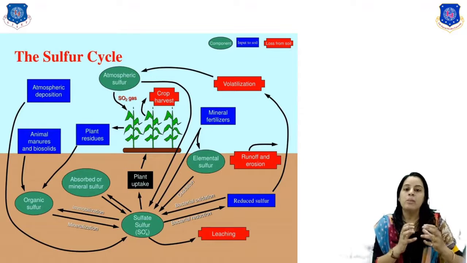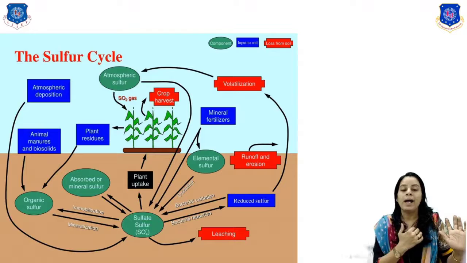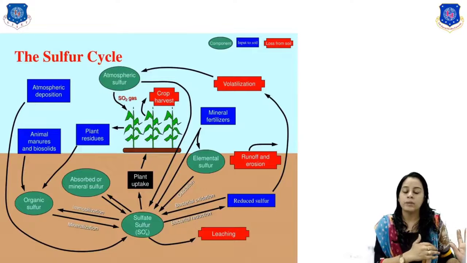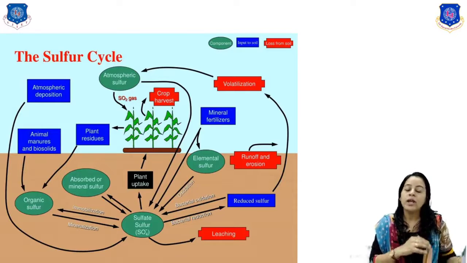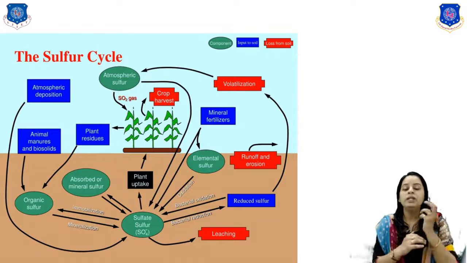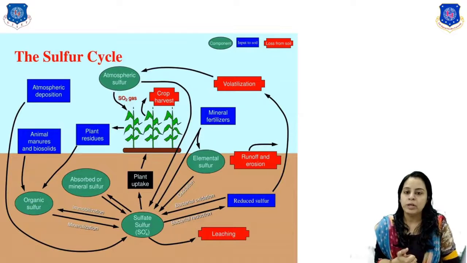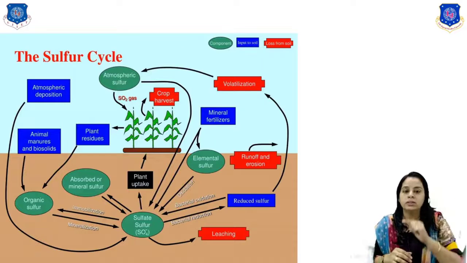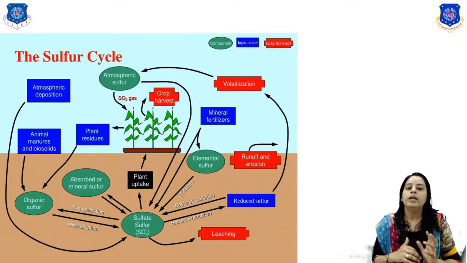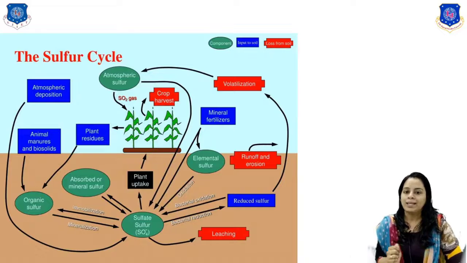Okay, so some part of the sediment over many years, through volcanic eruption, is again converted into hydrogen sulfide. Again this hydrogen sulfide, with the help of chlorobium bacteria, is converted into elemental sulfur, right?